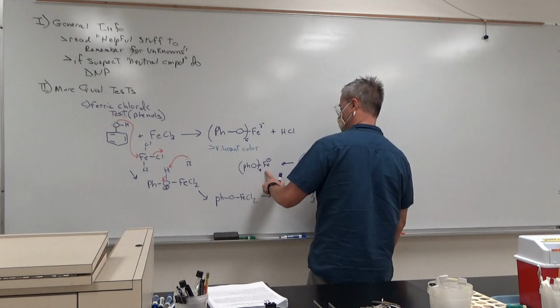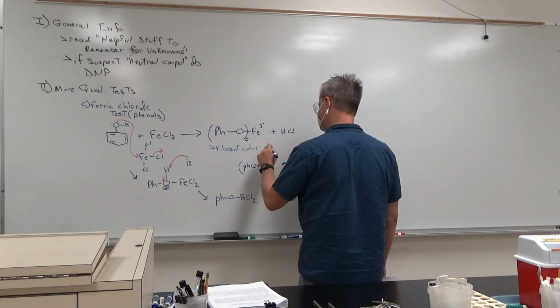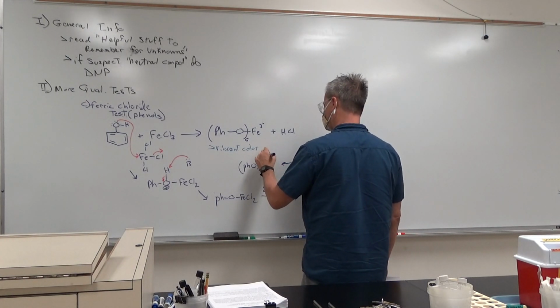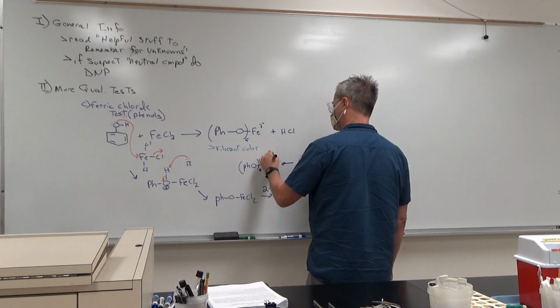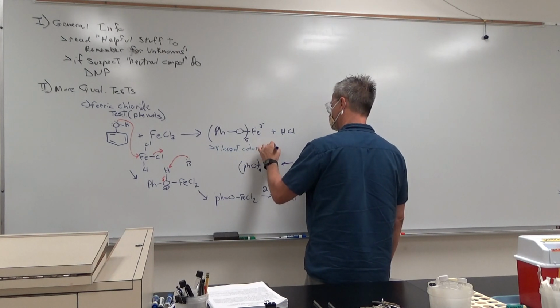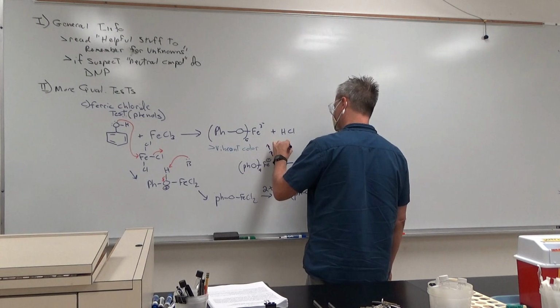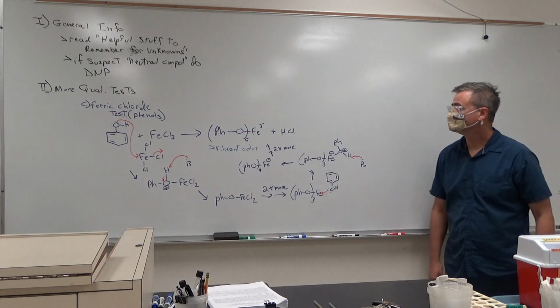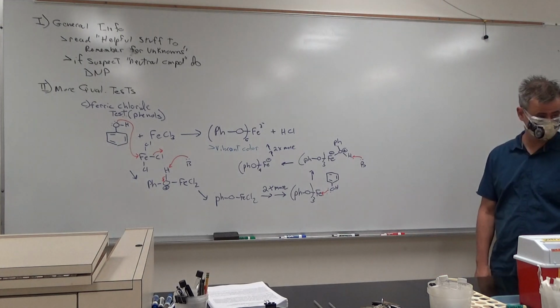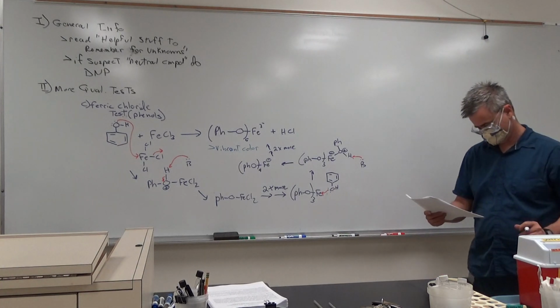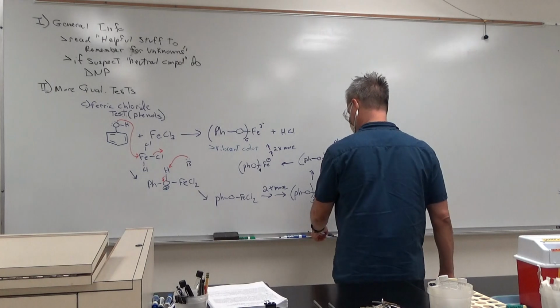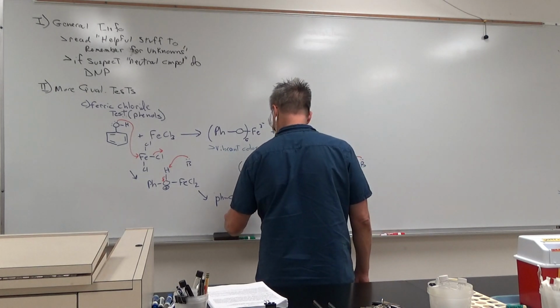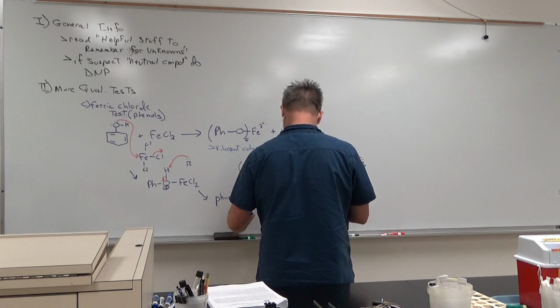This is still a Lewis acid, surprisingly. So this process happens 2 more times. 2 times more. That's what gives us that. All right, positive tests, all kinds of different.